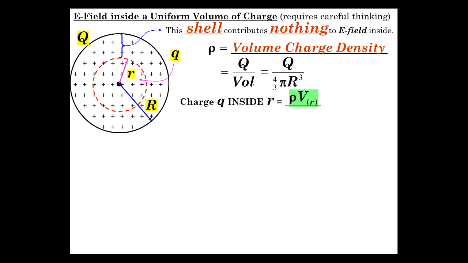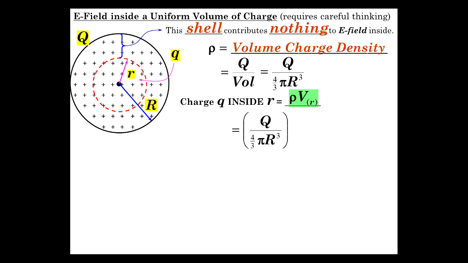Well, it's the density of charge, the volume charge density, times the volume. In other words, charge per volume times volume is charge. So that'll give us charge. So here it is, the volume charge density, the number of coulombs per cubic meter, basically, times the volume, or the cubic meters.